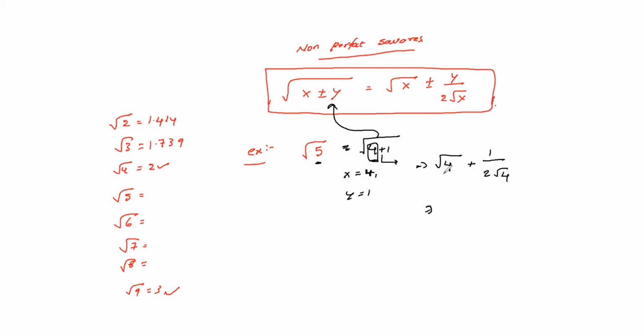Root 4 is nothing but 2, plus 1 by 2 into root 4, which is again 2. So 2 plus 1 by 2 into 2 is 4, 1 by 4 is a quarter, which is 0.25. So 2 plus 0.25 is equal to 2.25 is your answer. So root 5 value is 2.25.